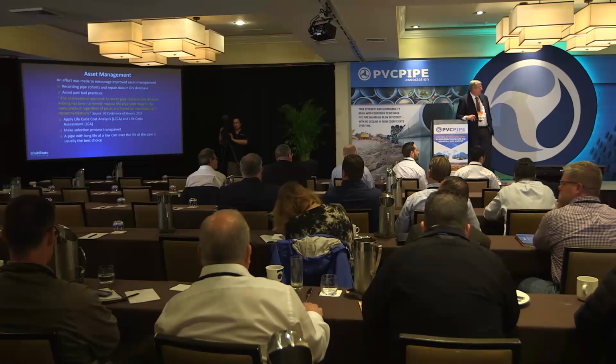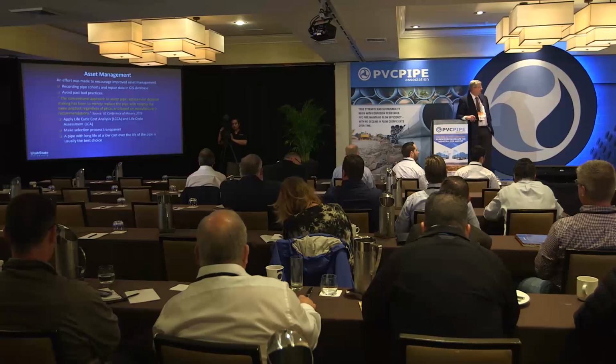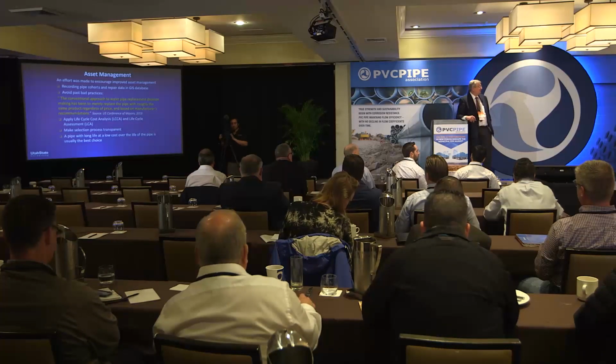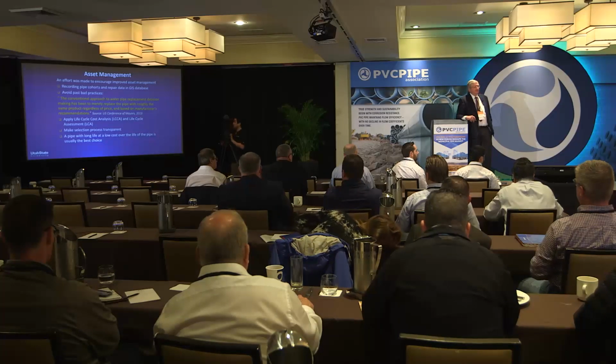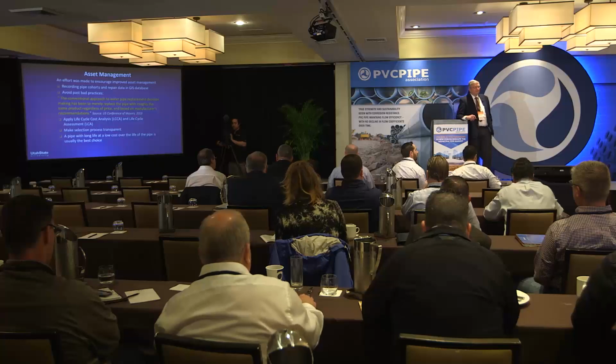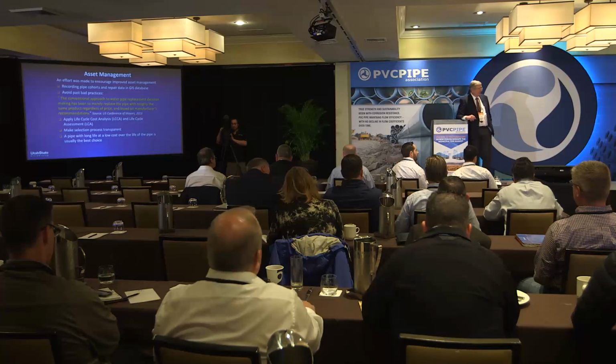Avoid past bad practices. The conventional approach to water main replacement decision making has been to merely replace the pipe with roughly the same product regardless of price and based on manufacturer's recommendations. That's the thinking that in Europe, in the United States, needs to be changed.